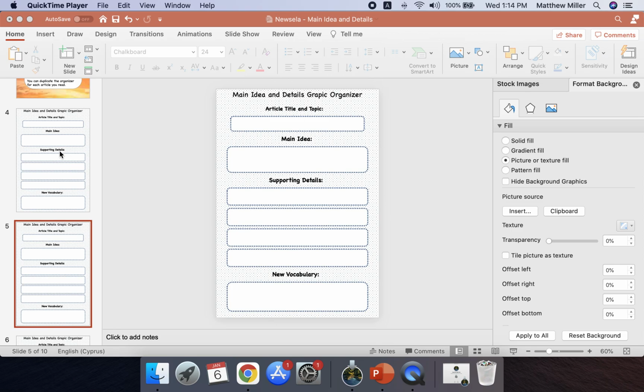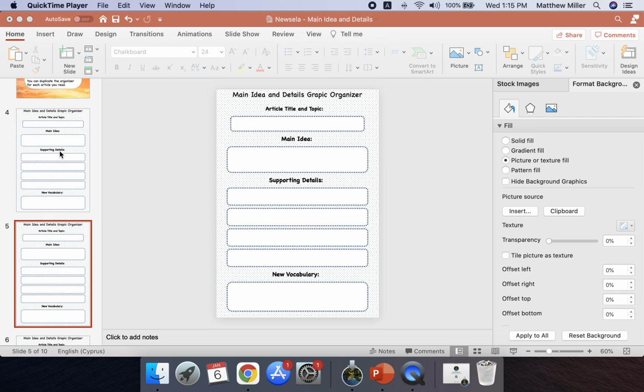And the main idea, right, is the big overarching claim made in a piece of nonfiction writing. So those are all three kind of separate but related things, and we've been looking at how to sort those out. And then the supporting details are that information that's used to support that main idea, the big claim.